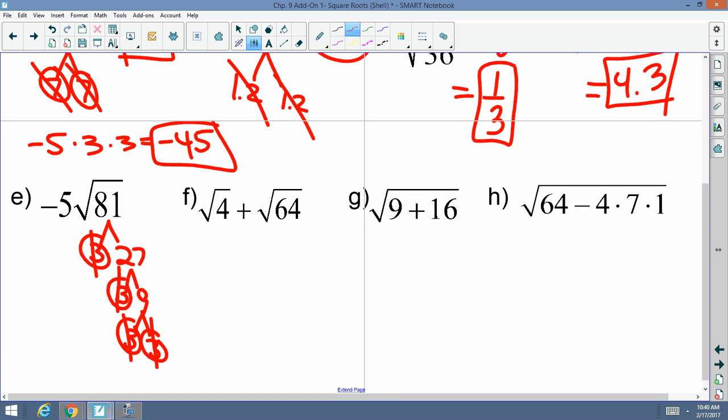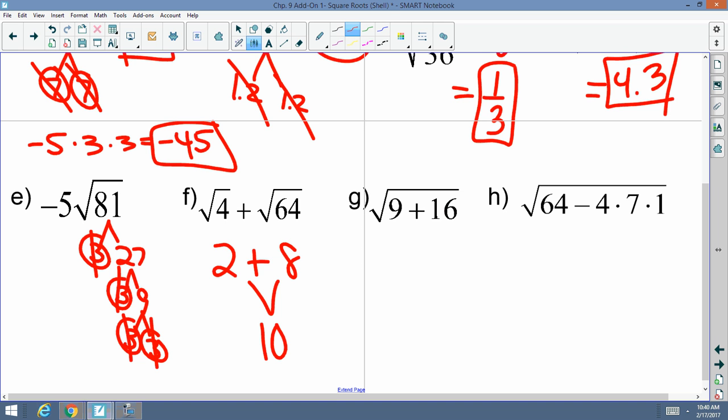So of course it's way better, way quicker to just know your square roots. I mean, you're going to fly on this chapter if you know your square roots. If you don't, it's going to take you time, but you can do it by breaking it down. Okay? Here, square root of 4 is 2 plus 8, so that's 10.